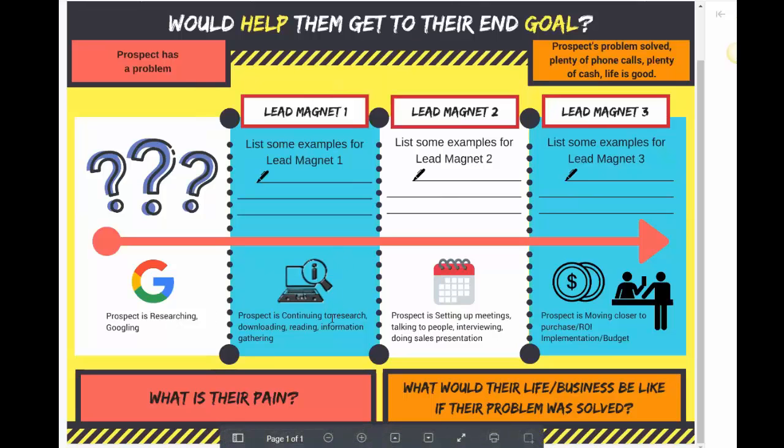So they land on your site, or you reach out to them via LinkedIn or however that worked. You want to communicate to them that Facebook, yes, is a viable answer to their pain. They're researching what Facebook entails, how it works, all that type of stuff.